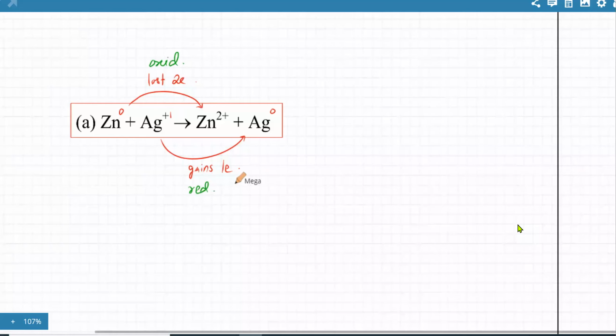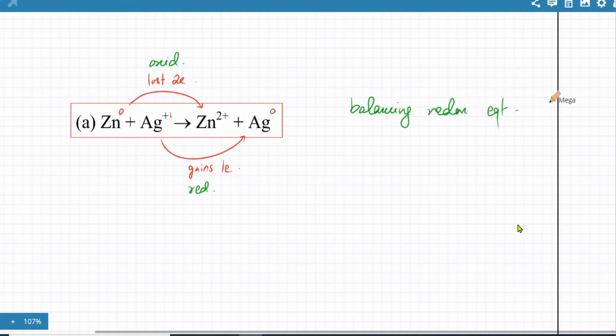Now we're going to talk about balancing redox equations. When you balance redox equations, you balance the number of atoms. The number of atoms on the right side and on the left side must be equal. Now, this equation is already balanced.